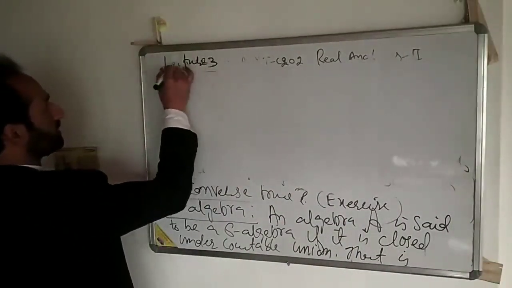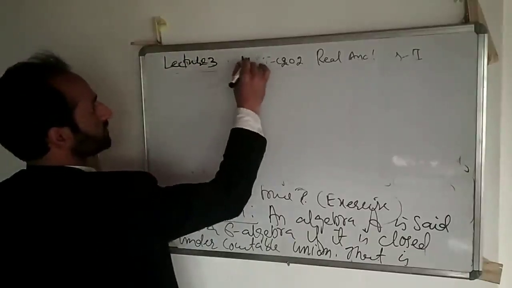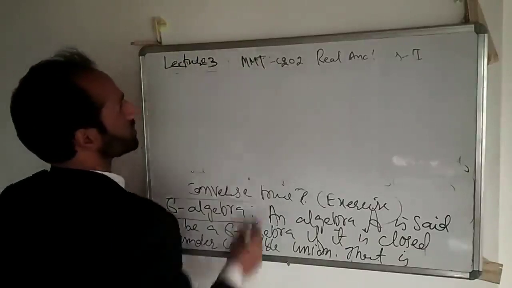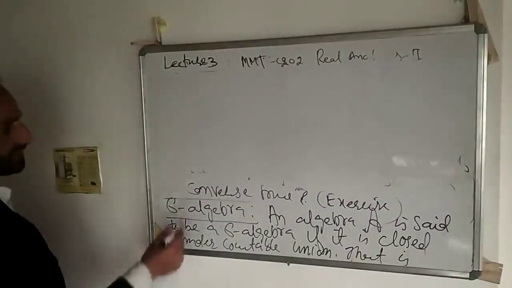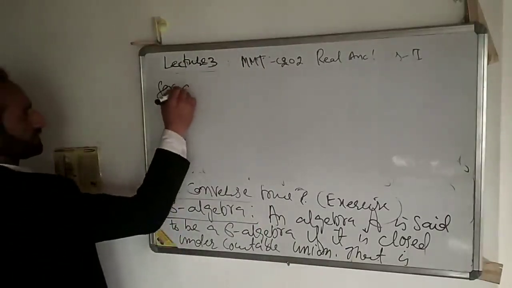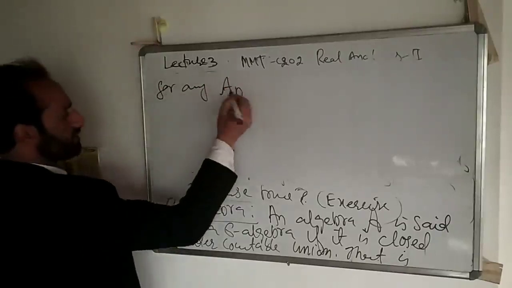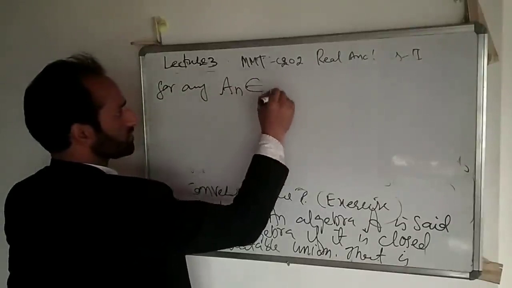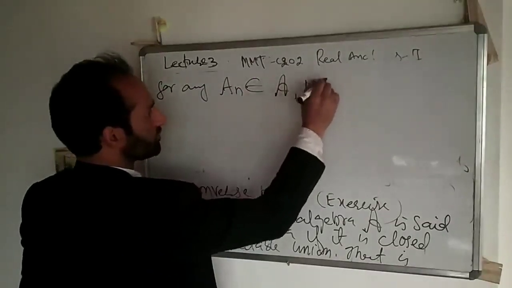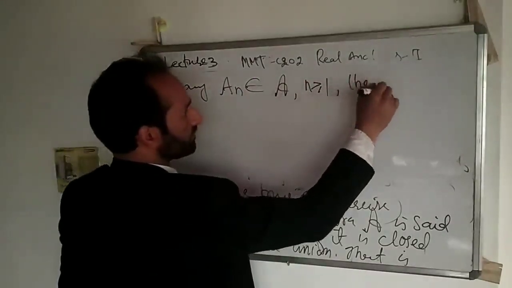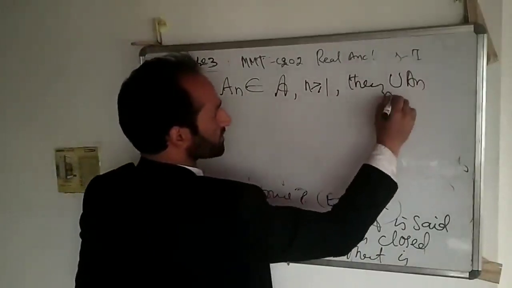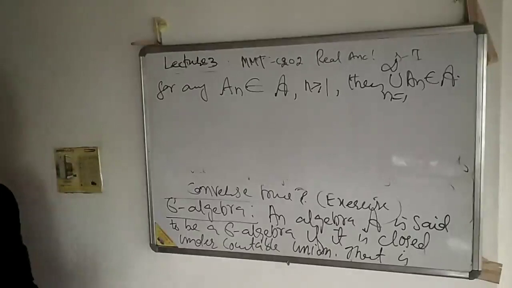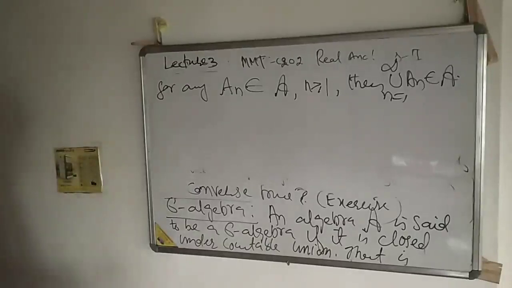That is, for any A_n belongs to A, n greater or equal to 1, the union of A_n, n from 1 to infinity, is again in A. It's closed under countable union.